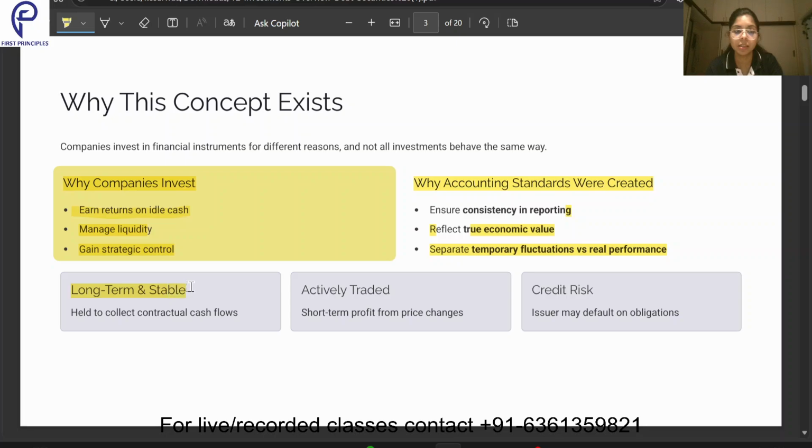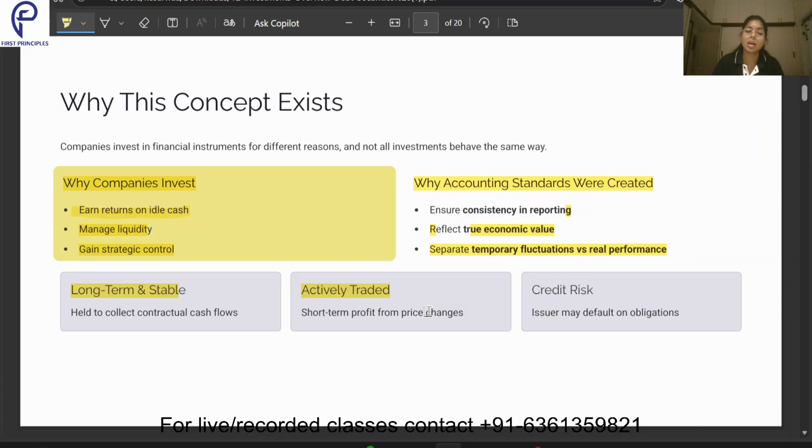Then, first of all, they are long term and stable. That means these debt securities are held to collect the contractual cash flows. Why? Because for debt securities it will be clearly mentioned what the duration is and how much money we are going to get. That is mentioned on the document, which is termed a contractual agreement. Then they are actively traded.